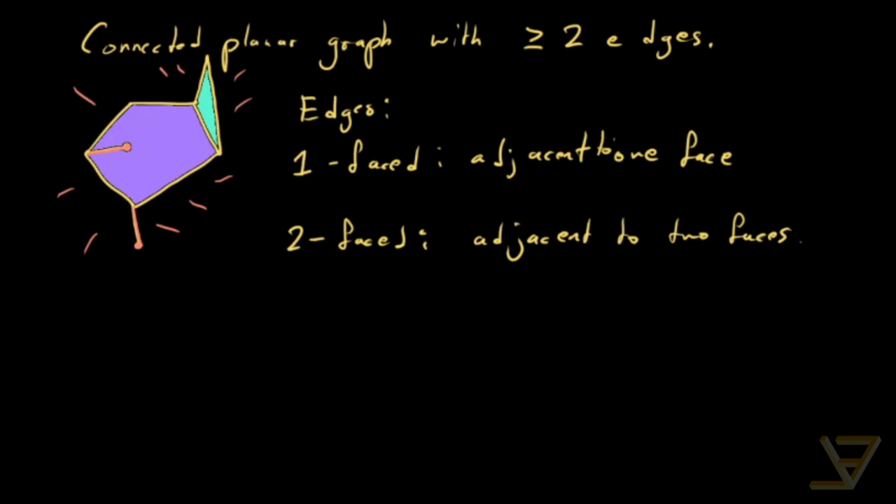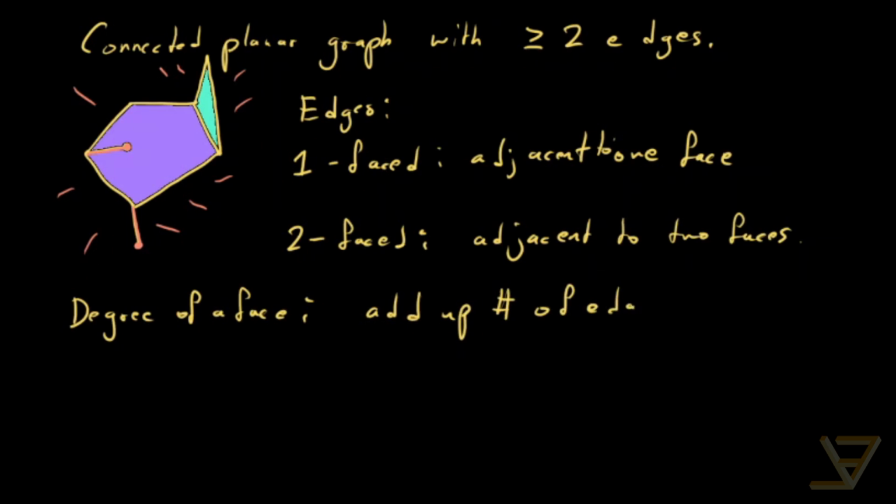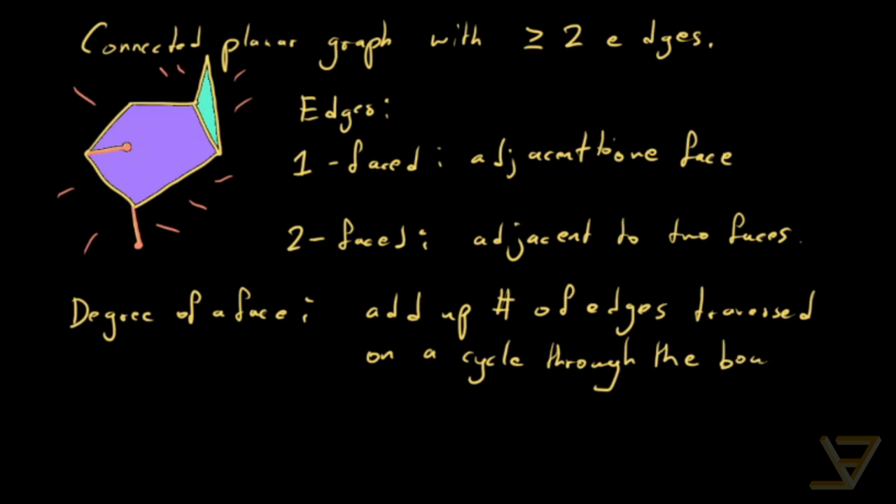Now, for the degree of a face, there's a couple of equivalent ways of defining it. What we do is that we add up the number of edges traversed on a cycle through the boundary of the face.